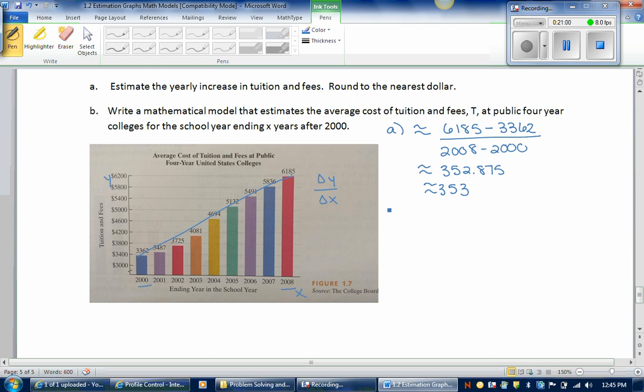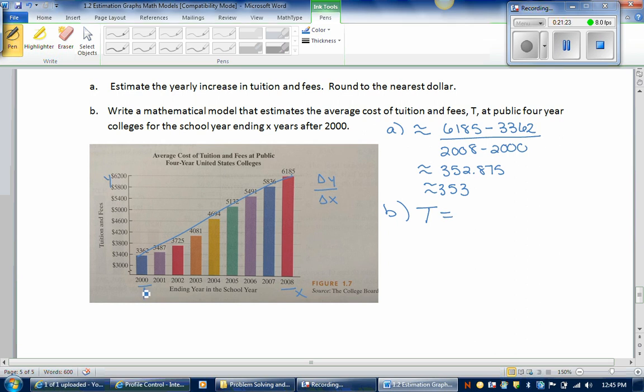So we're going to write a mathematical model that estimates the average cost of tuition and fees, T, at public four-year colleges for the school year ending in X years after 2000. T is going to represent our total cost. So T is equal to my starting tuition.